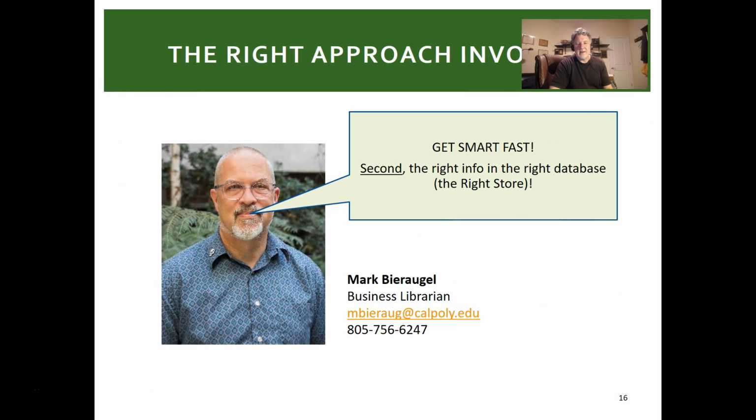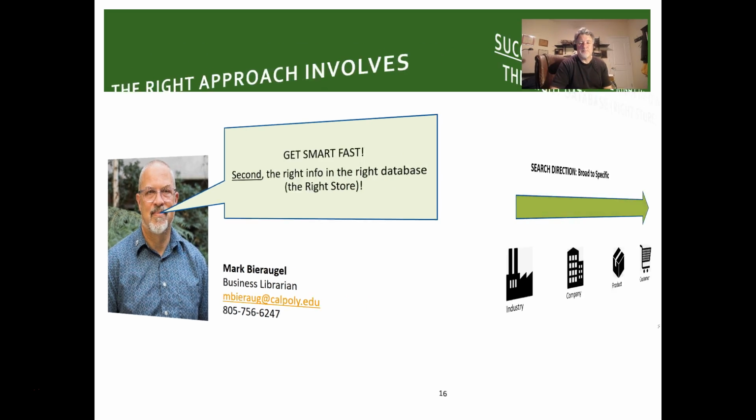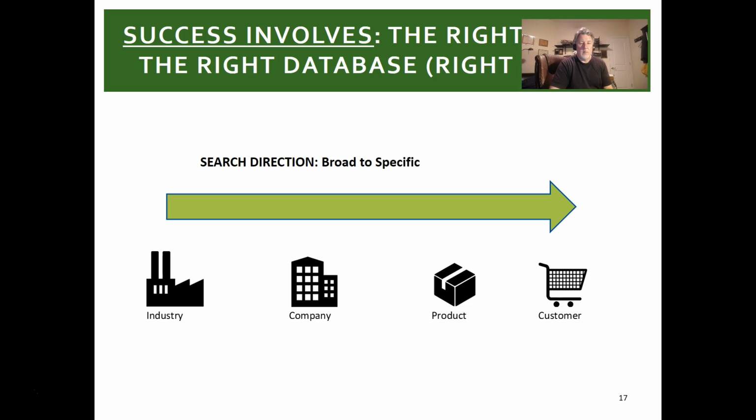Second, you need to identify what the right information is in the right database or the right store. So again, we're going to get smart fast. What we have to look at is from broad to specific, which means you start at the industry level, you drill to the company level, product, and then customer.